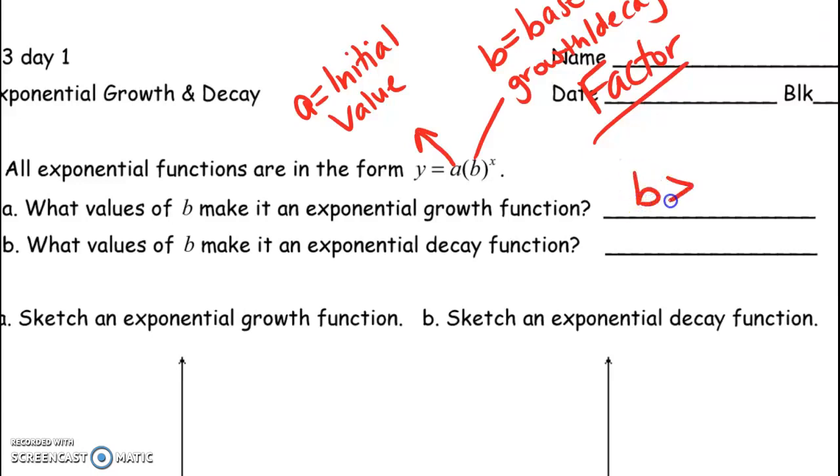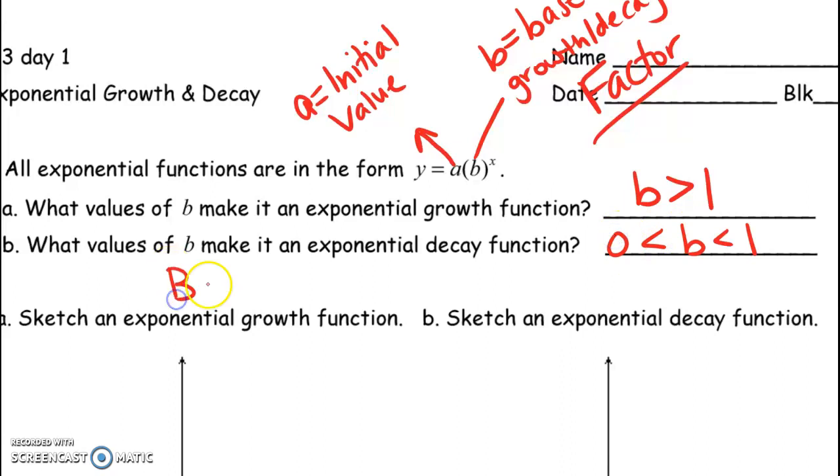So when B is greater than 1, any value greater than 1. What value of B makes it an exponential decay function, Cole? B less than 1. I'm going to add an and statement here. And we don't want a negative B. Greater than 0.